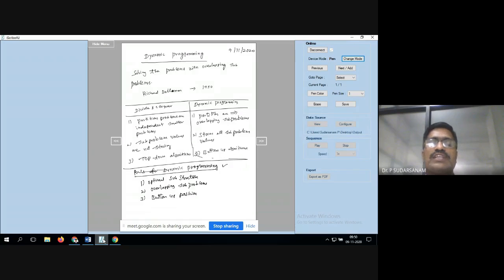Till we get small problems, we go recursively. Once you get the small problems, solving is easy, then we go back. We have written only one iteration, and the remaining is taken care of automatically by recursion.